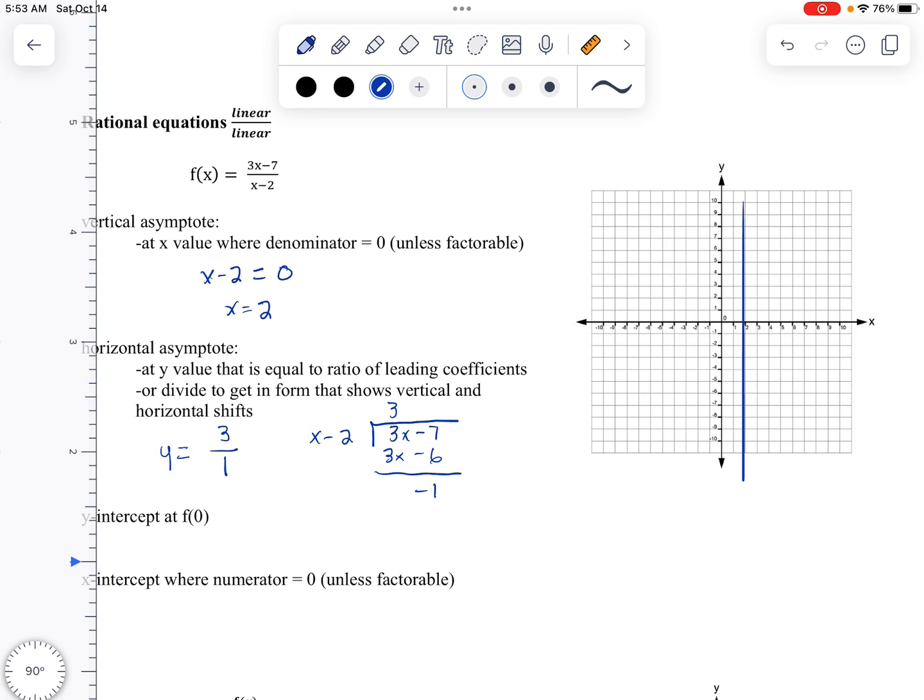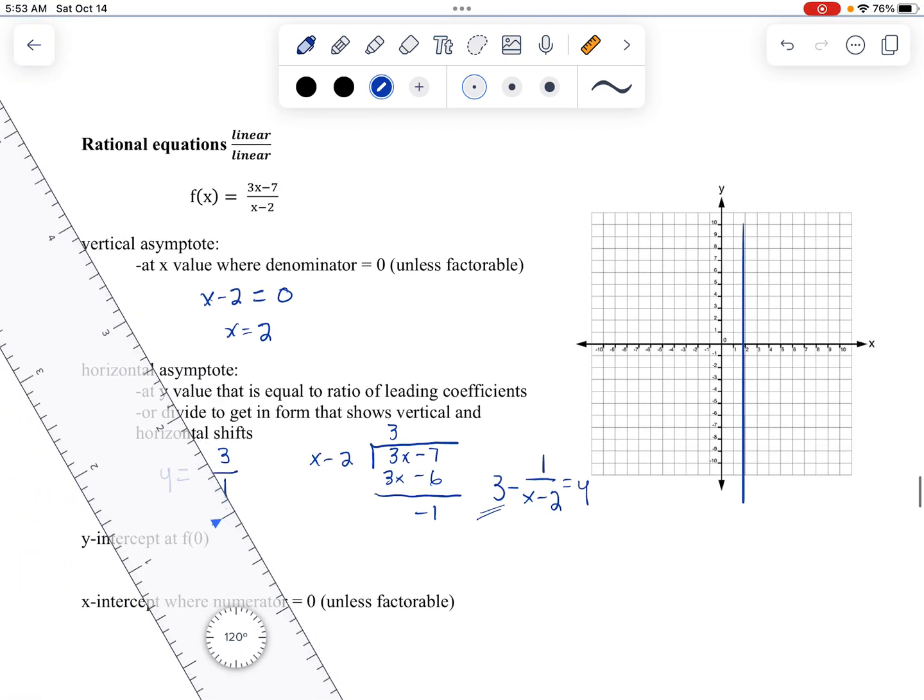Notice I have as my quotient the function 3 minus 1 over x minus 2 equals y. Well, that's my parent function, with a shift up 3 units.